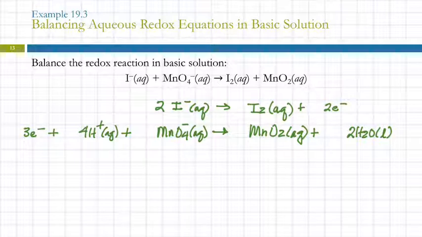So what's next? Electrons? So I've got 2 here and 3 there. The lowest we can get those to agree is a 6. So I need to make the top have 6 electrons. So I multiply by 3. So this becomes a 6, and this would be a 3, and this would be a 6.